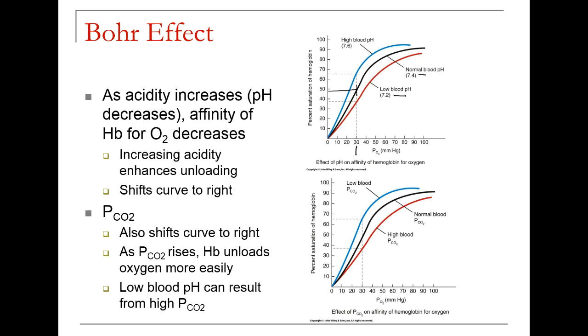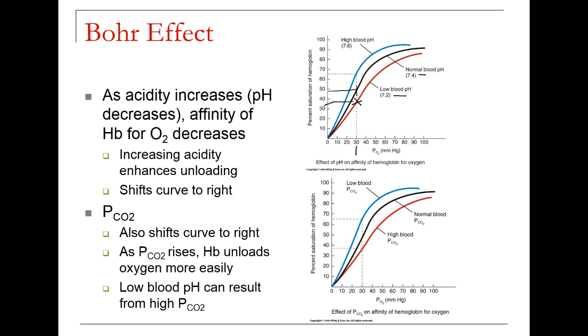All right, but if we lower the pH just a little bit in that area, so we see here a little bit lowered pH, and now we go over, we can see that the percent saturation is even lower. That means that you've delivered even more oxygen.